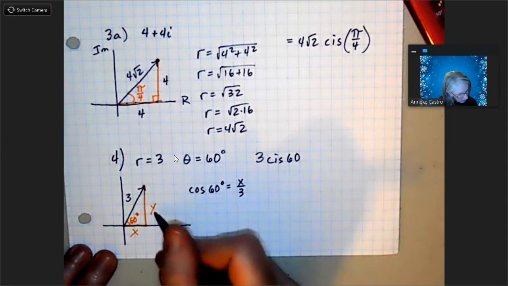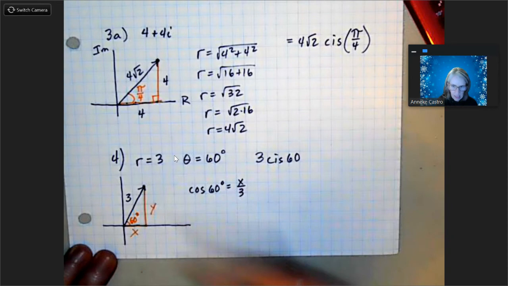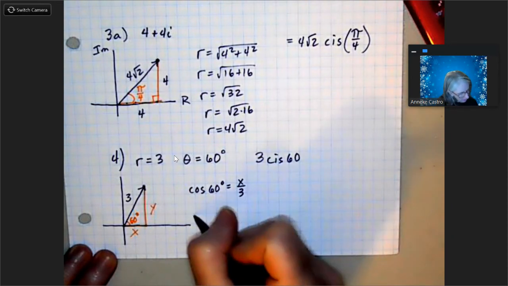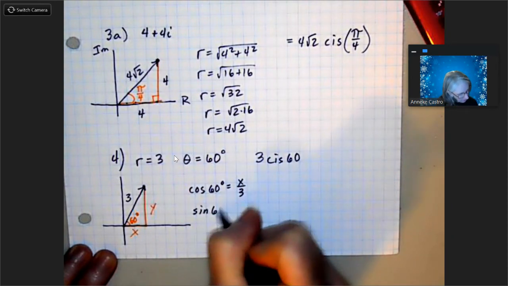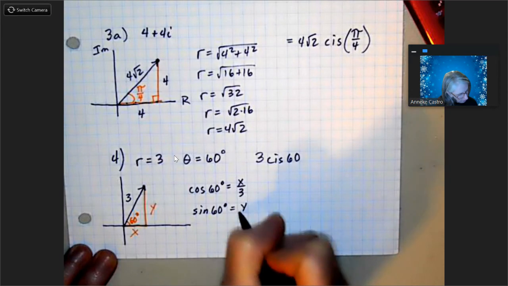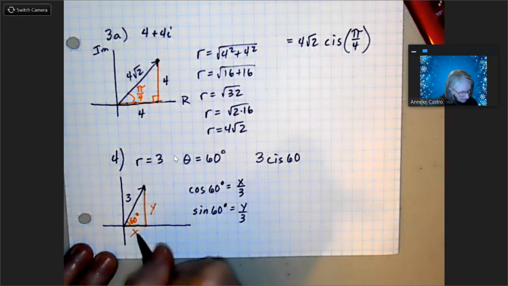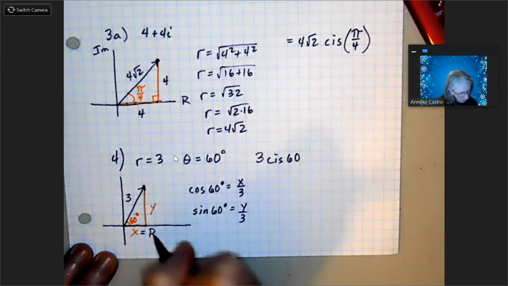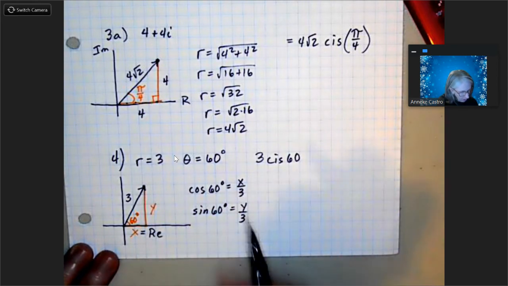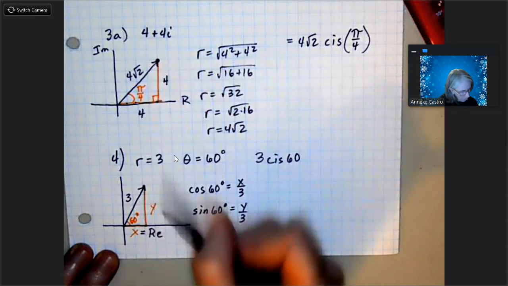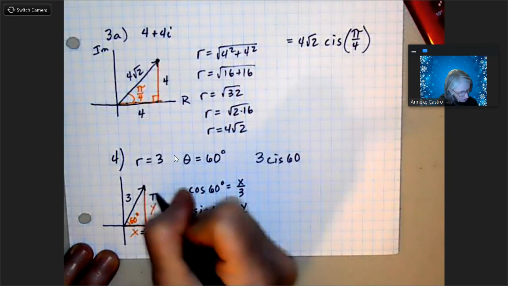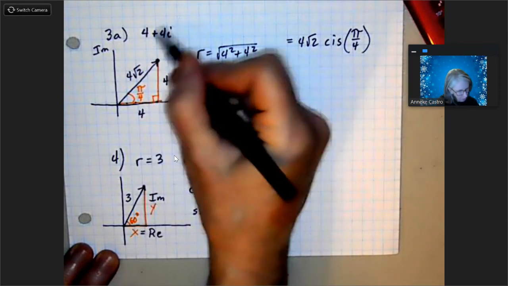And to get y, well, y is opposite the 60 degrees, so that would be sine. So sine 60 degrees is equal to y over 3. And then I can solve for my x and my y. X is going to be the real part of my imaginary number, and y is going to be the imaginary part. It's going to be the part with i.